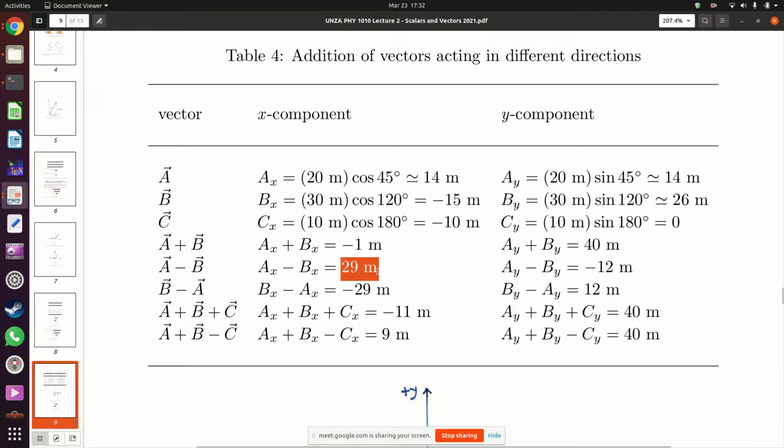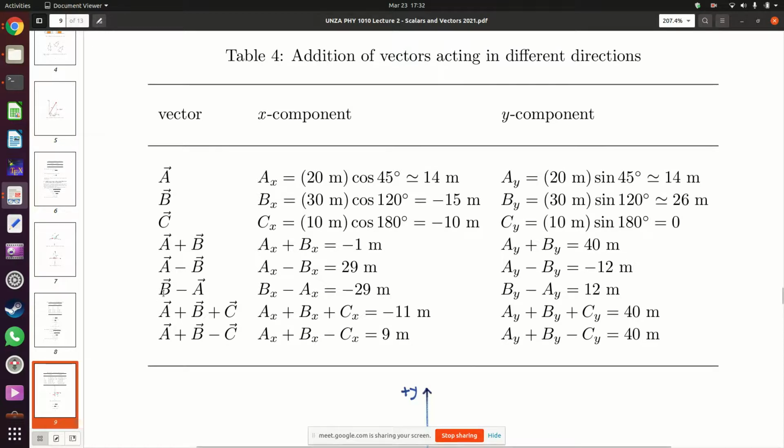The x component of a minus b is positive, so this bit points along the positive x-axis. This other bit is pointing in the negative direction of the y-axis. That's why there's a negative there. If there's a negative, it tells you it's pointing in the negative part of the axis, in this case the y-axis. If it's positive, it's pointing in the positive part.